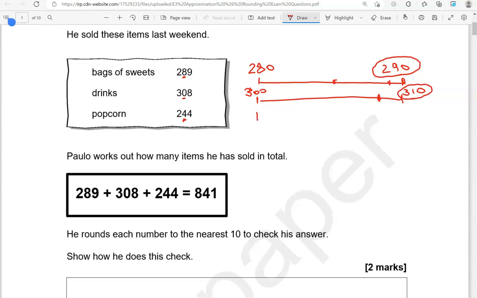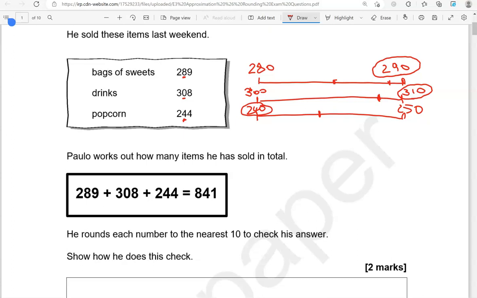And 244, that is in between 240 and 250. 244 is about here, so that is closer to 240. So we've rounded these.